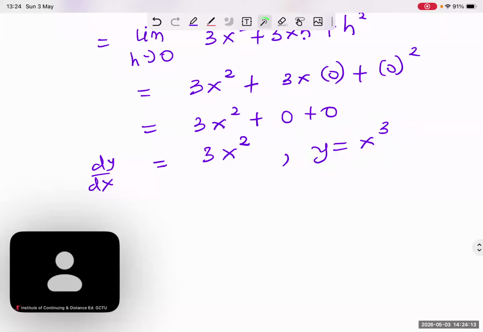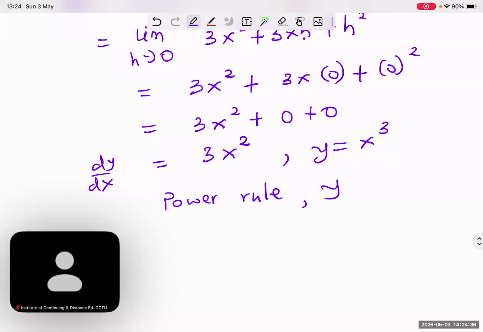A power function means I have x raised to the power of a number. I have x raised to the power 3, and 3 is a number. Therefore, this function is in the power form, and so we can use the power rule of derivatives.